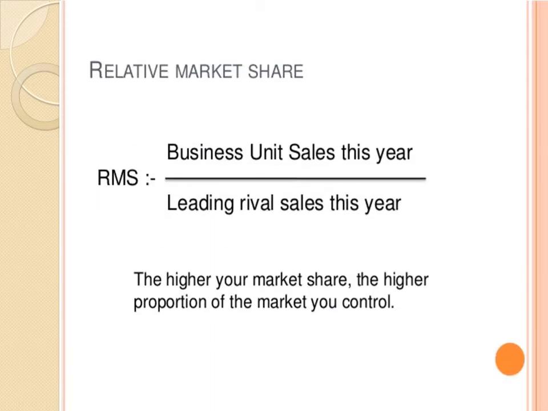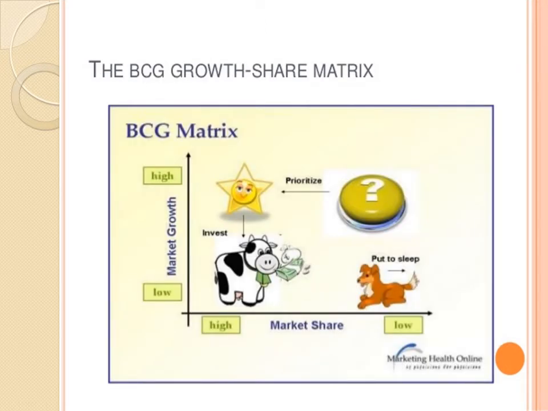So how is relative market share calculated? It is business unit sales this year divided by the leading rival's sales this year. The higher your market share, the higher the proportion of the market you control. This relative market share is needed for the BCG matrix.